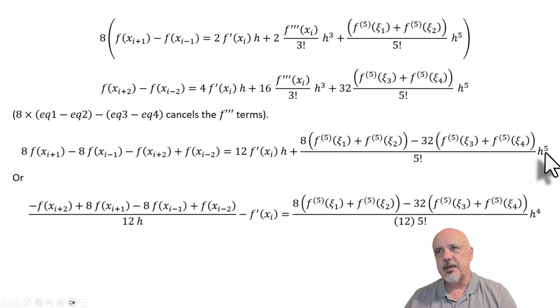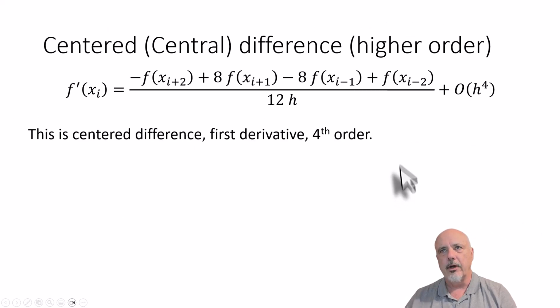And then since this was an h to the 5th, I've divided through by 12h, so I've got the 12 hanging there, and I've got my h to the 4th. So this is going to be a fourth order approximation, or centered difference, first derivative, fourth order. That's kind of clunky to say, but that's correct.